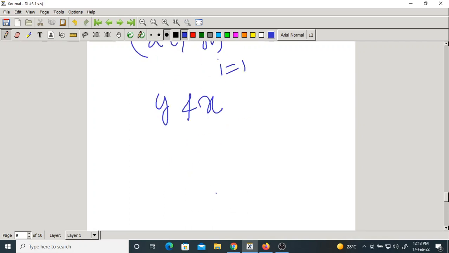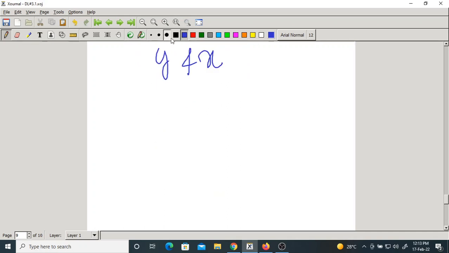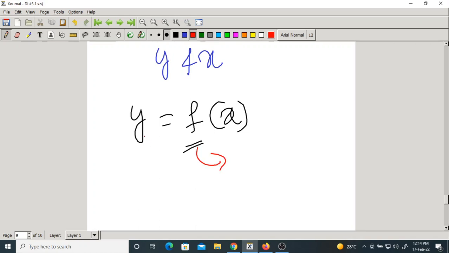So what do we do now? We assume that y is some function of x with some parameters. We assume that y and x are related by some function f of some parameters.